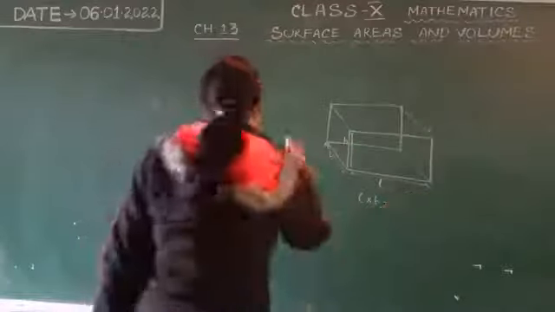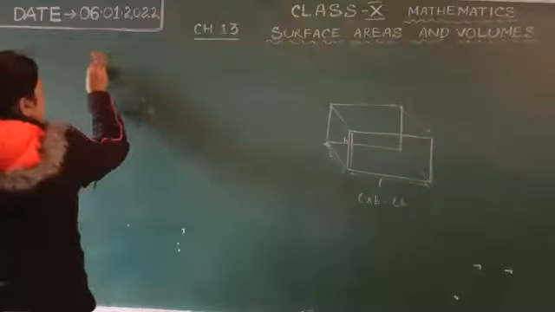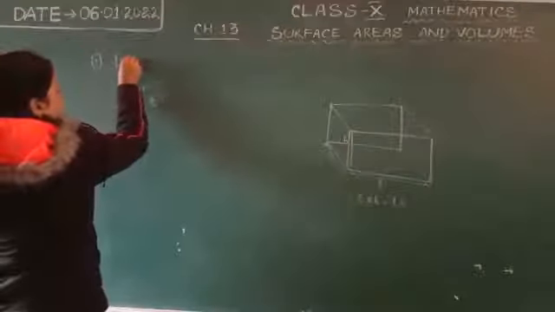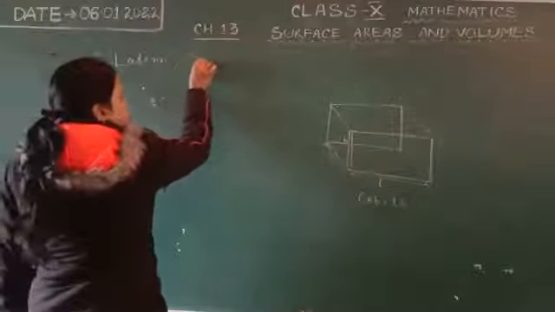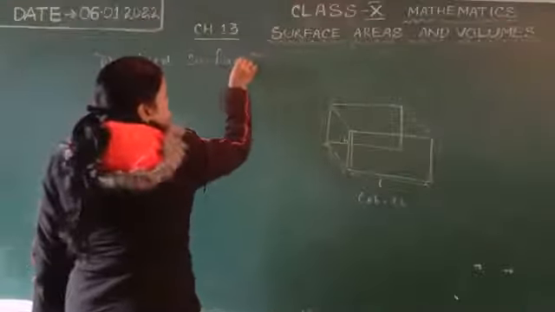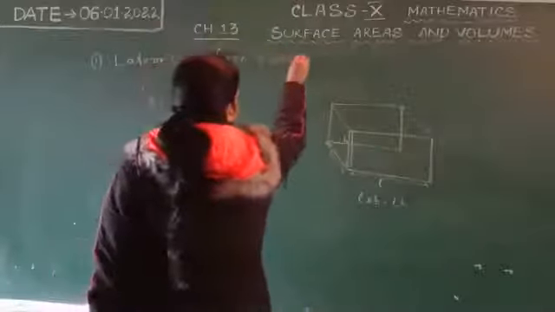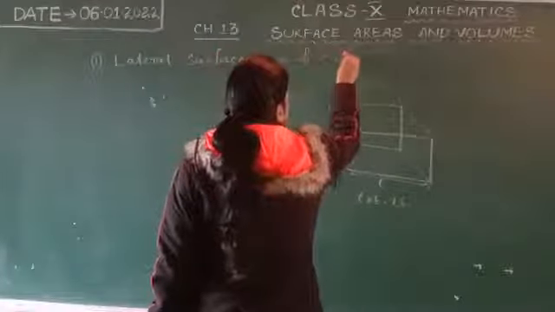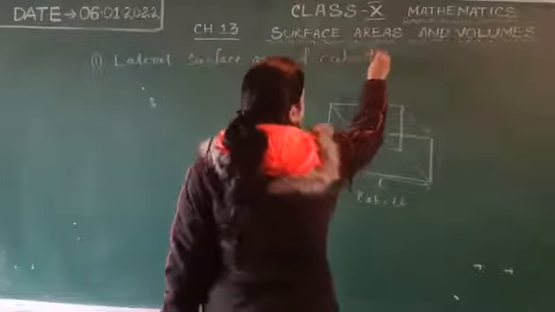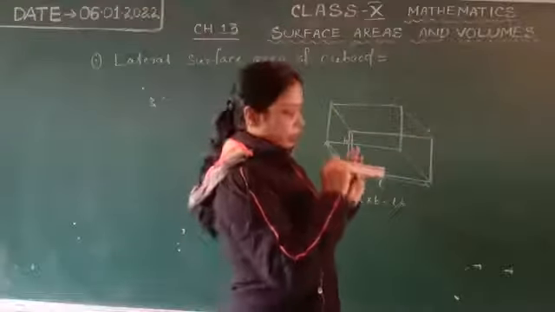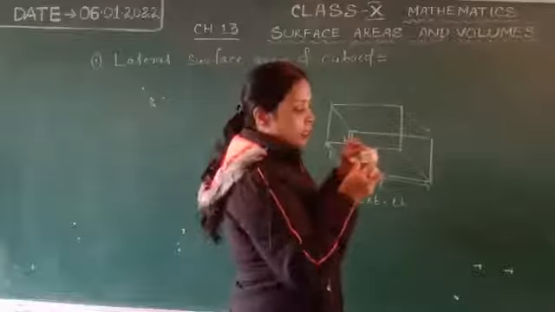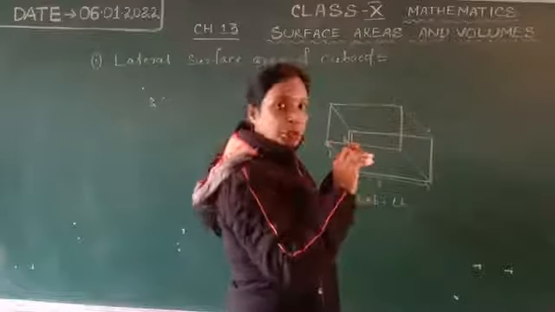Okay. So first one is the lateral surface area of a cuboid, equal to what? This is length into height, and here is breadth into height.